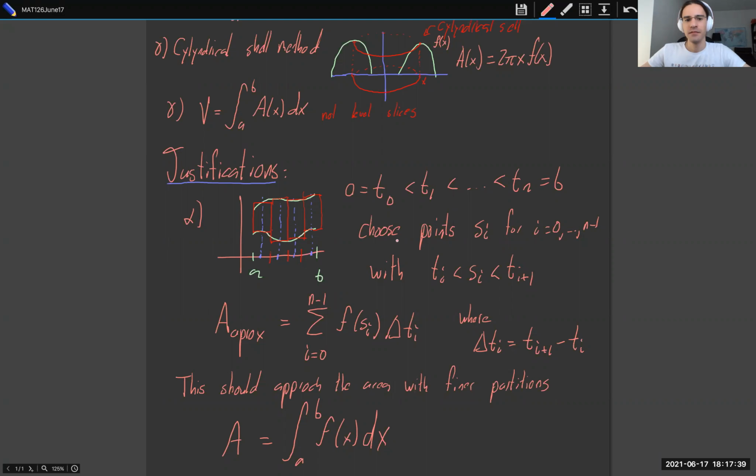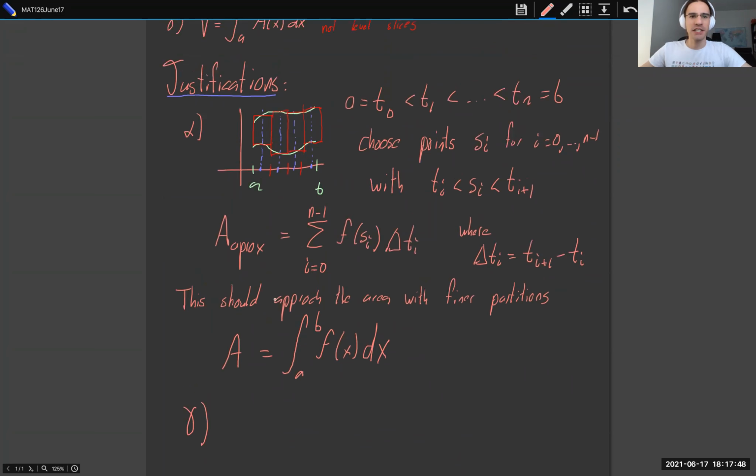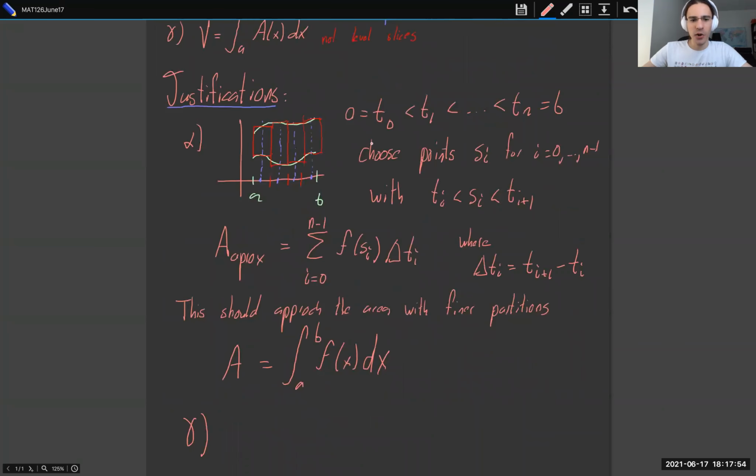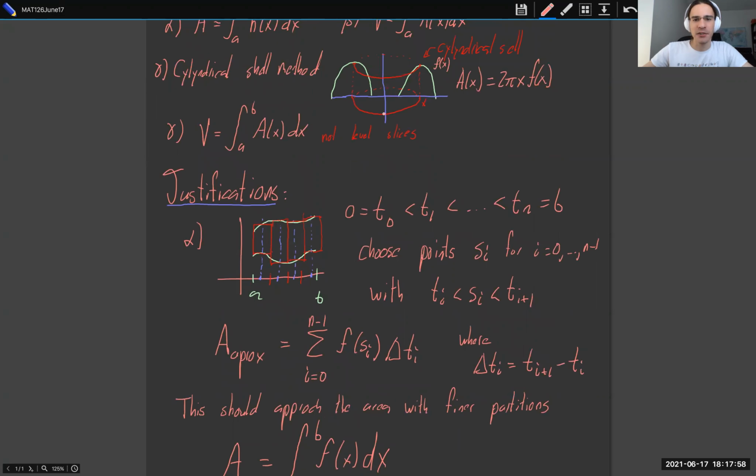Okay, let's move on to the next one. And I'm now going to do gamma. I'm not going to do beta, but we want to justify the cylindrical shell method. So what happens when you look at a cylindrical shell?